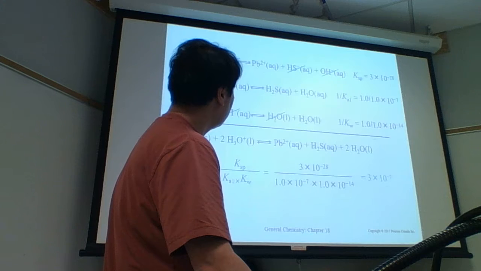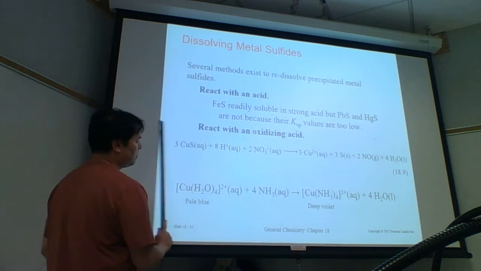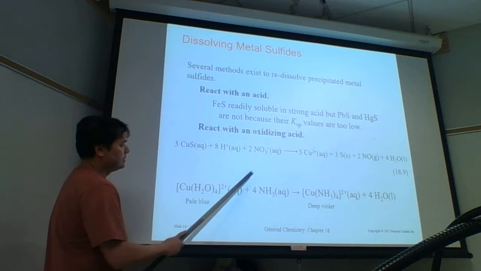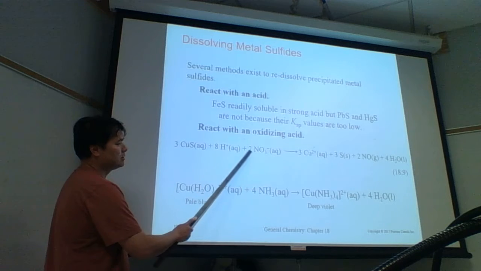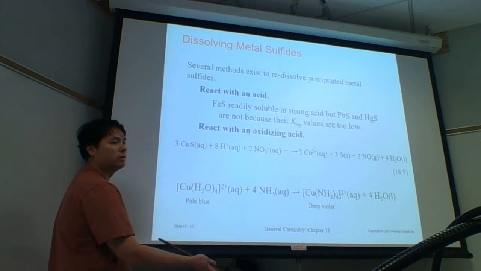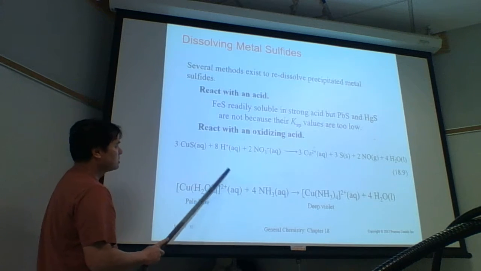Or we could try something else. Another thing you could do to try to dissolve this, and this is a separate topic from Ksp and acid, is this. This is not a Ksp effect, even though we're adding an acid. The purpose of this acid is not adjusting the pH one way or the other. The purpose of this acid is to oxidize. What are we going to oxidize?